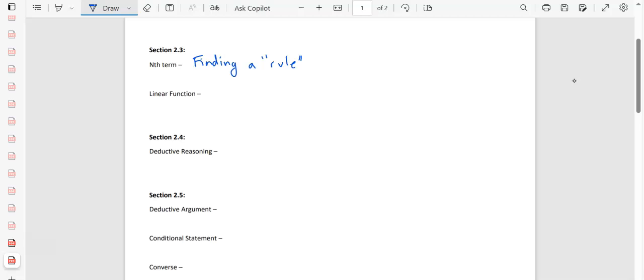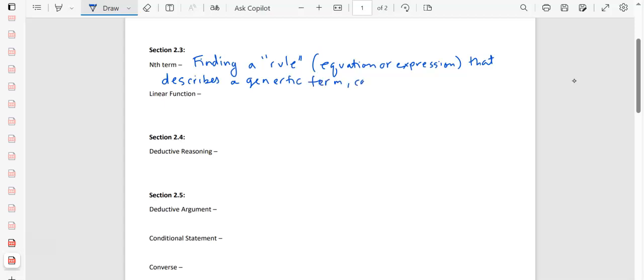And when we find this rule, it's usually some sort of equation or expression that describes a general term called n. And n again is our variable here. And so if we want n to be 7, if we want to find the 7th term, we set n equal to 7, and we say, okay, what is the value of the 7th term?